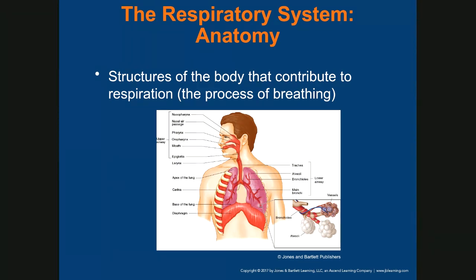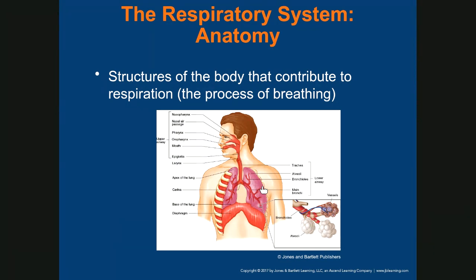And the lungs have a membrane around them, right? And that membrane has an inner portion and an outer portion. The inner portion of the membrane is attached directly to the lung tissue, and that is referred to as the visceral pleura.